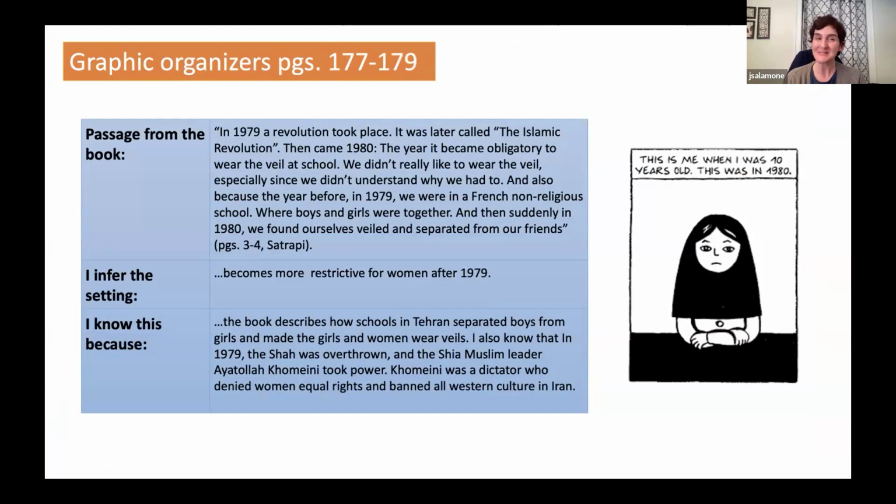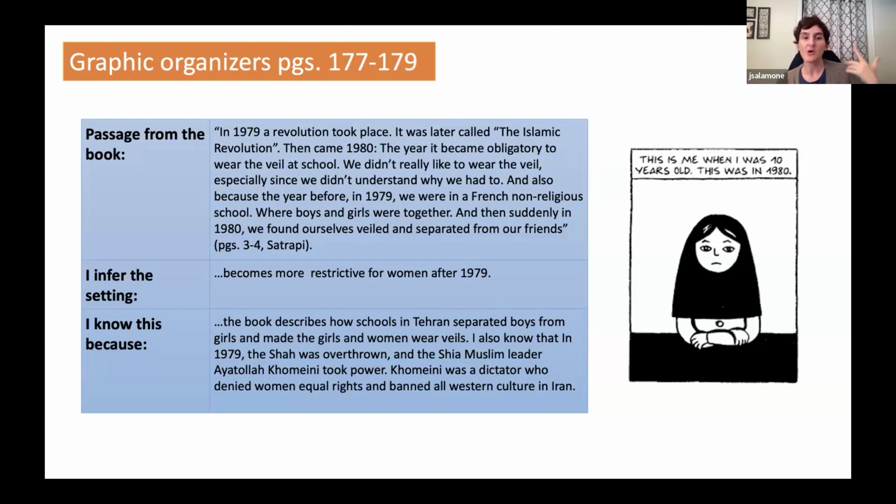It wasn't explained, it was just mandated. The boys and girls were separated. So lots of changes happening, right? And so I can infer that this setting is becoming more restrictive for women after 1979 based upon these changes that Marjane Satrapi is talking about from her childhood.